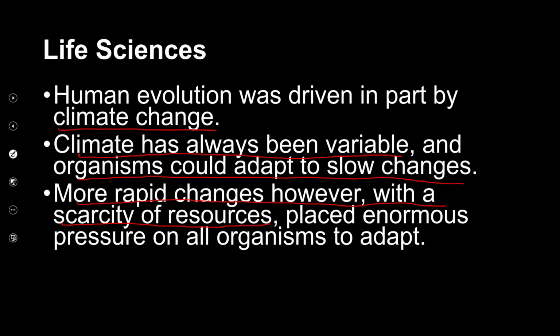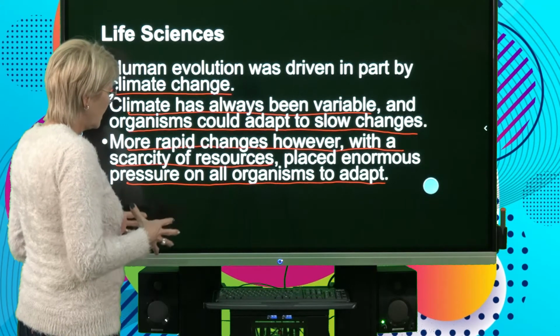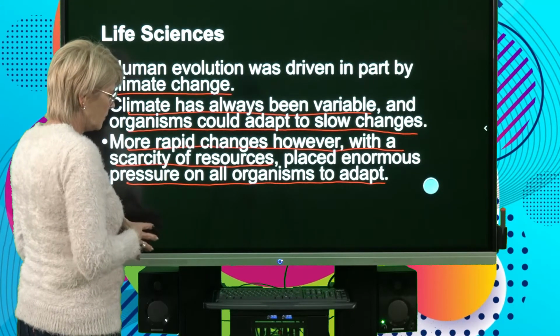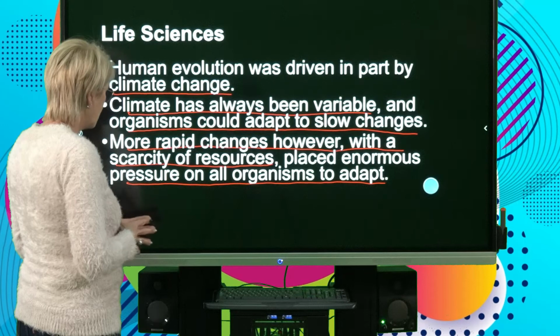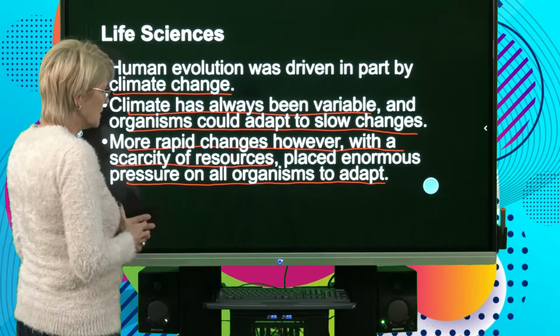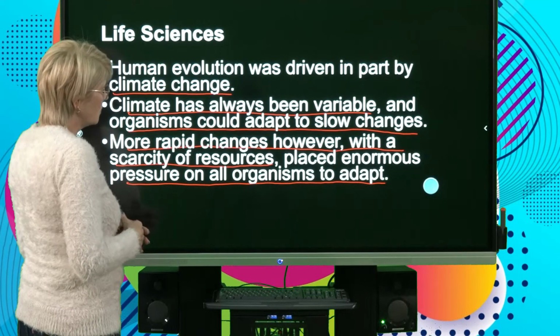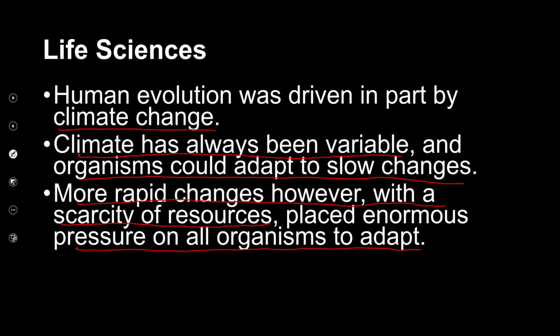So we have a lot of competition amongst species for resources in a habitat due to whatever climatic or environmental change took place, and then those organisms need to adapt. And obviously those populations that have more suitable adaptations or characteristics would then survive.